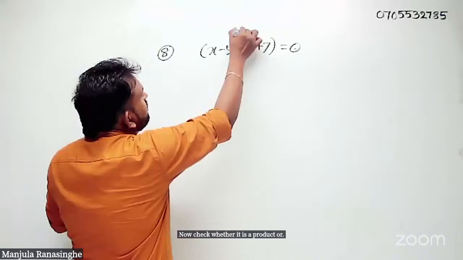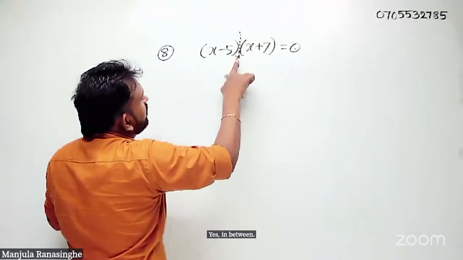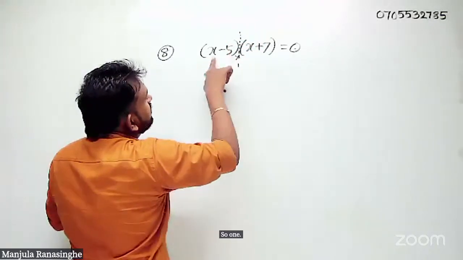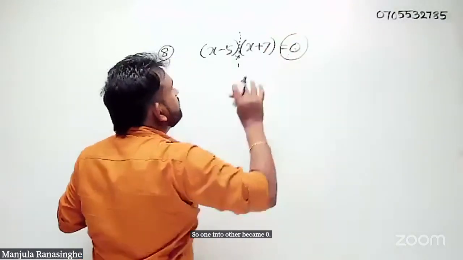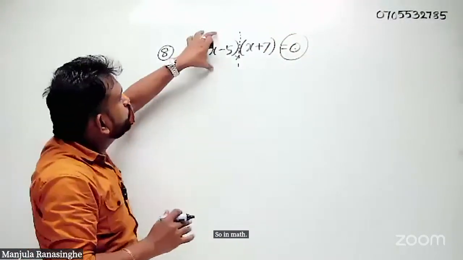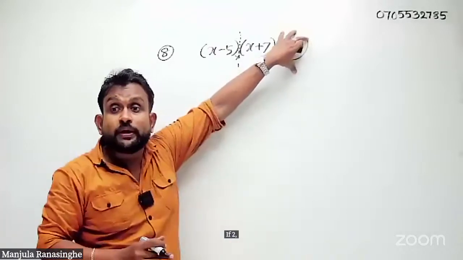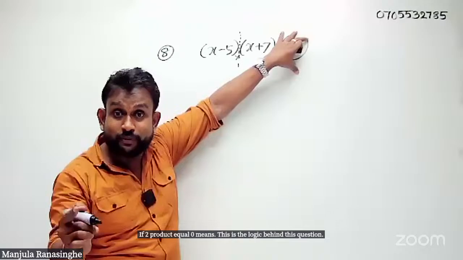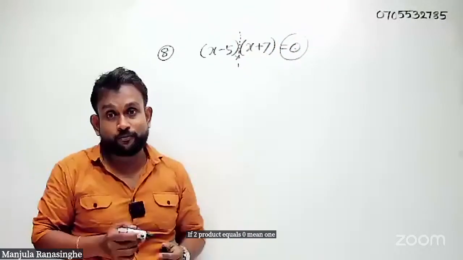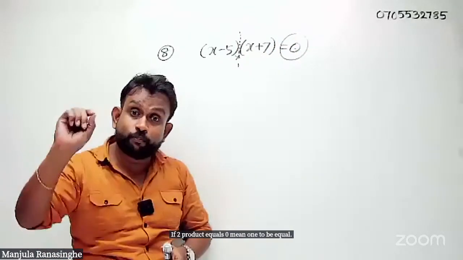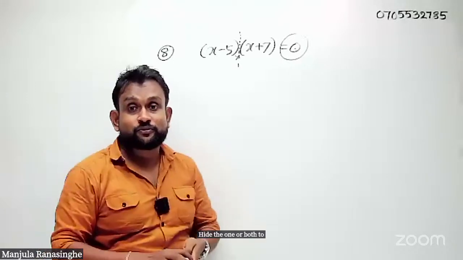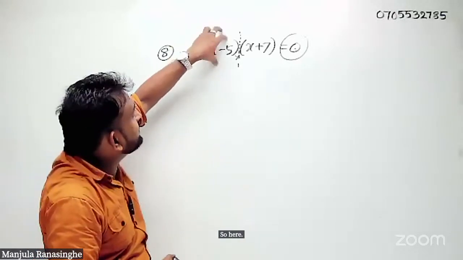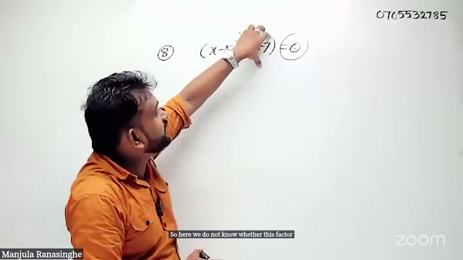Yes, in between these brackets there is a product, so one into other became 0. So in maths, if two products equal 0, this is the logic behind this equation. If two products equal 0, it means one, either one or both, has to be equal to 0. So here we do not know whether this factor equals 0 or this factor equals 0.